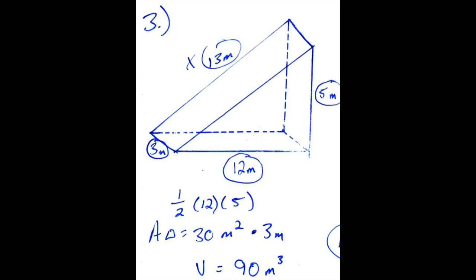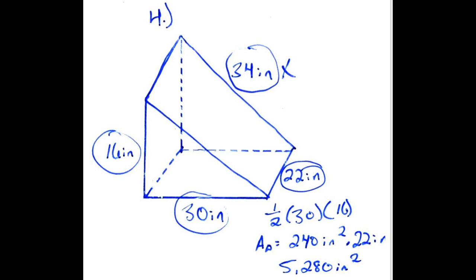And then in number 4 here, again, that 34 is kind of just distractor information. So our 16 describes the height of our triangle face, 30 describes the base of the triangle face, and 22 is the depth or height of our triangular prism. So we'll start by finding the area of our face.